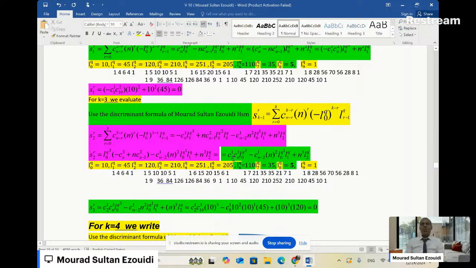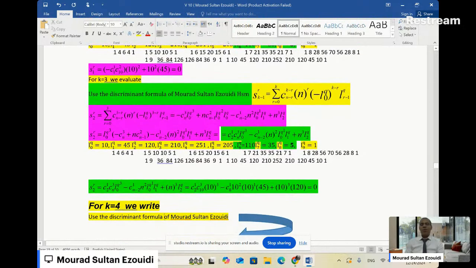So I will obtain combination 2 choose 1 times combination n choose 3 times L0 of order q raised to the power 3 minus combination n minus 2 choose 1, n squared times L0 of order q raised to the power 1 times L1, plus n to the power of r. Now I will give you time to calculate S2. I make this substitution, the product substitution, and effectively this S2 is equal to 0.